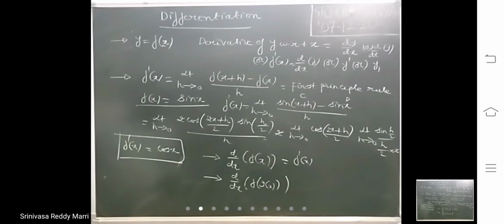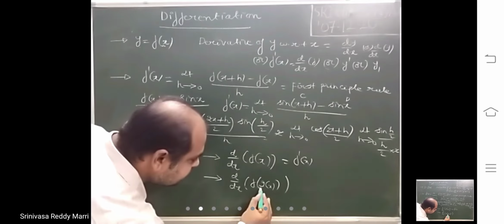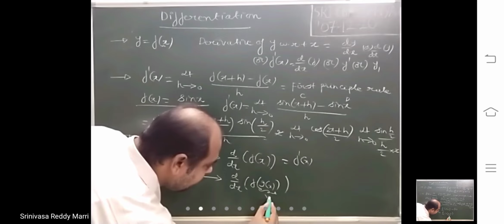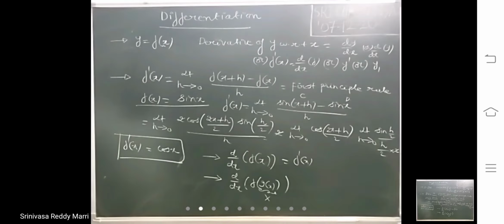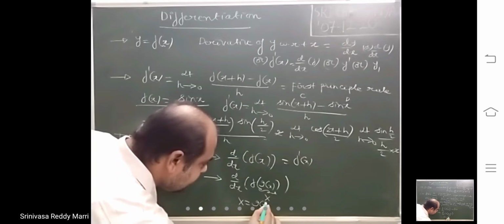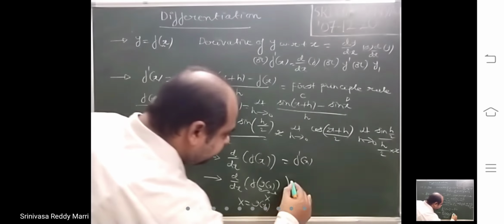In that case, how to solve is, this g of x is there. This we will take as capital X. That means for convenience, I am taking capital X equal to g of x.